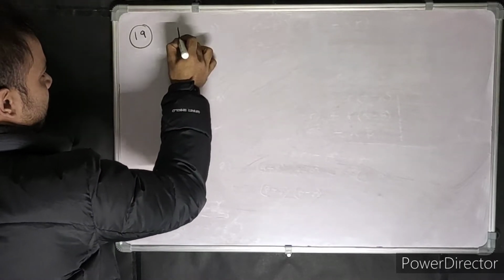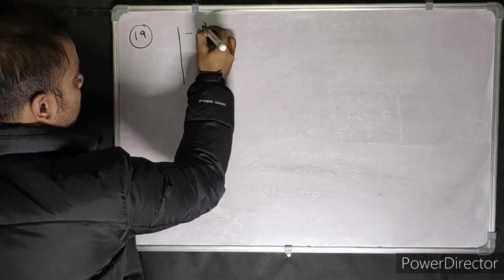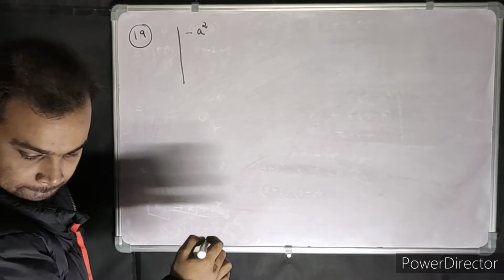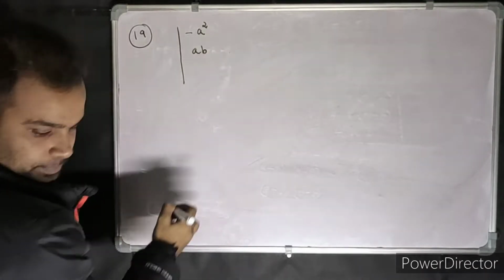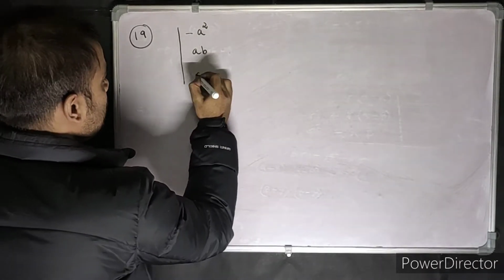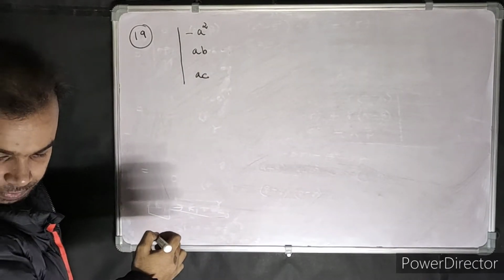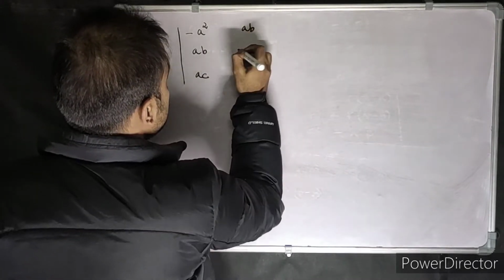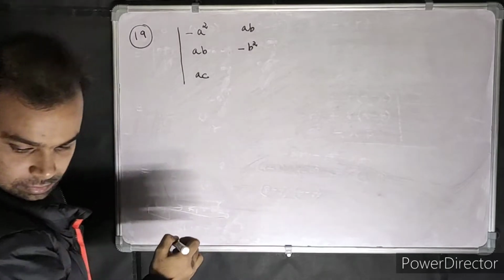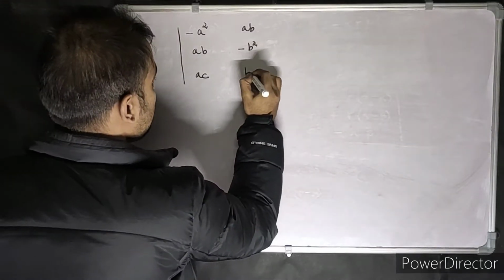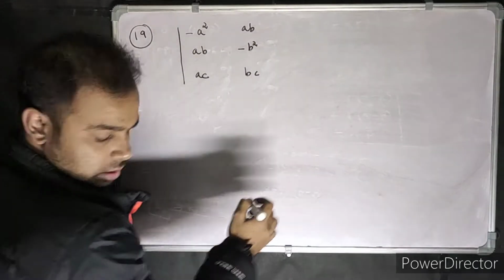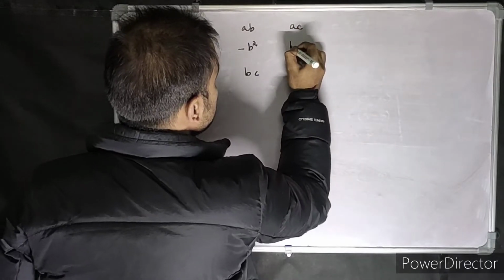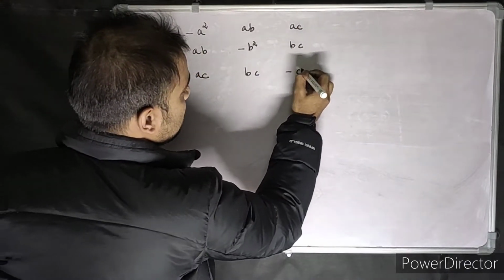So question number 19 is this: minus A square, AB, then AC, then AB, and minus B square, then BC, then AC, then BC, and minus C square.